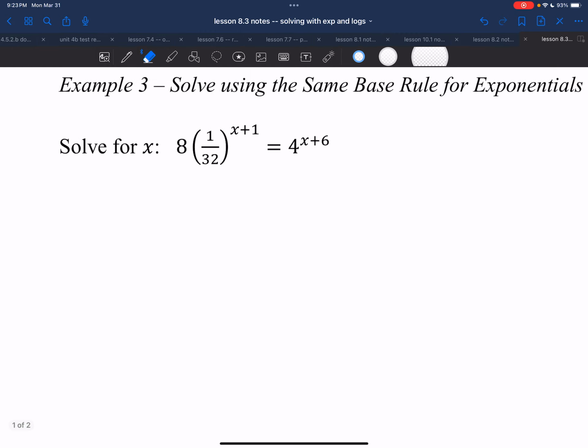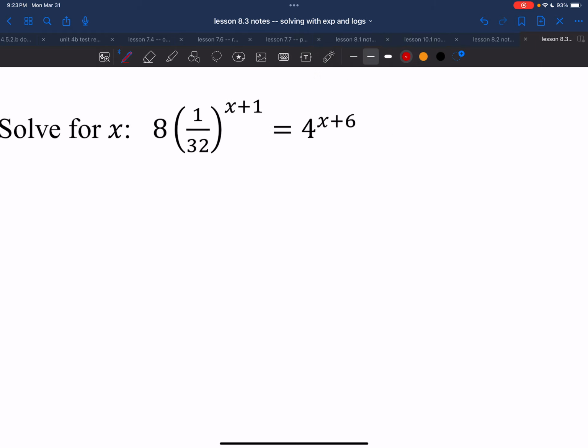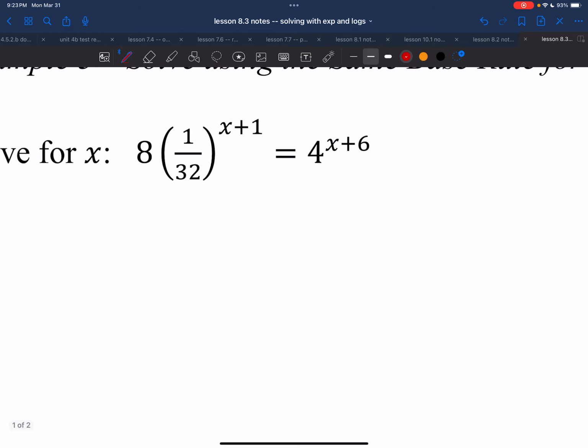Though it's a little bit more complicated, right? The expression's a little bit more complex. So solving for x, I'm going to take all of these constants, all of these numbers, and change the base. So I look at the number 8, I look at the number 1 over 32, and I look at the number 4.